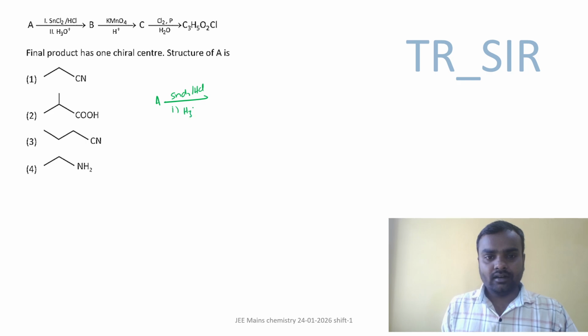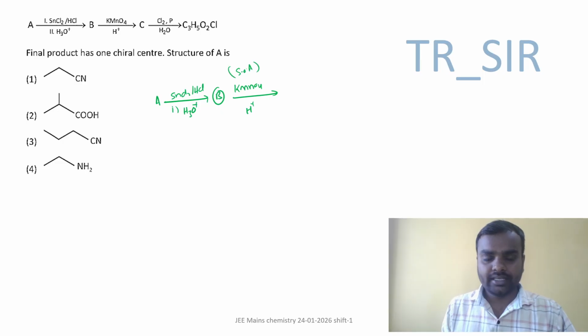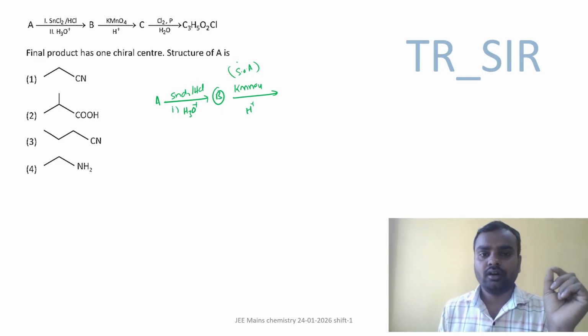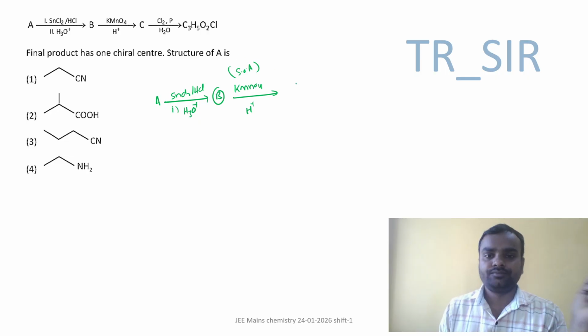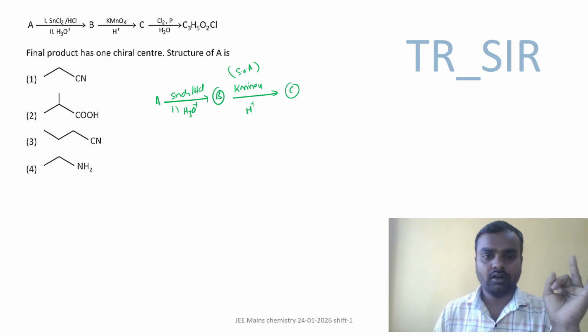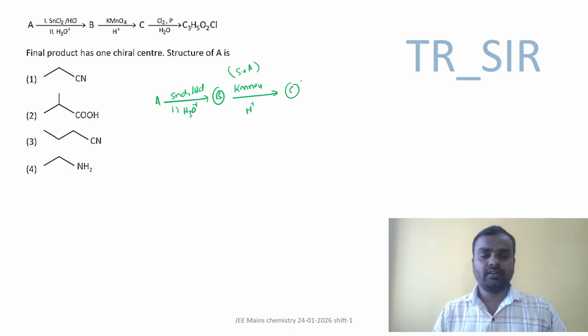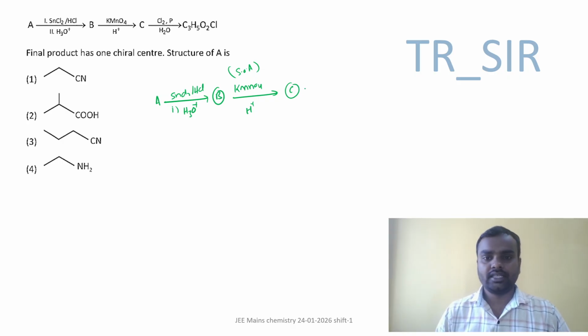The second step is hydrolysis, then B is formed. Then KMnO4 in acidic medium is a strong oxidizing agent. It can convert alcohol or aldehyde into carboxylic acid. So B must be either alcohol or aldehyde, and C must be carboxylic acid.